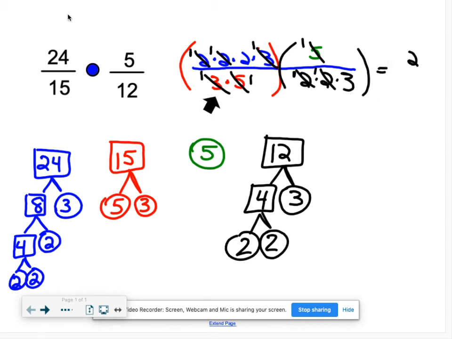Finally, we multiply our denominator. 1 times 1 is 1, times 1 is 1, times 1 is 1, times 3 is 3. Multiplying 24 out of 15 times 5 out of 12, when we simplify it, leaves us with 2 out of 3. And we're done.